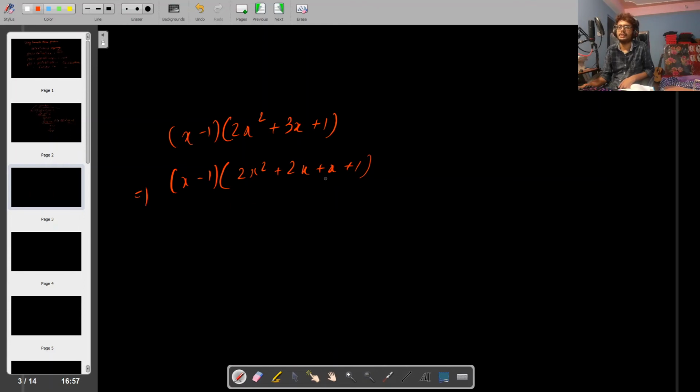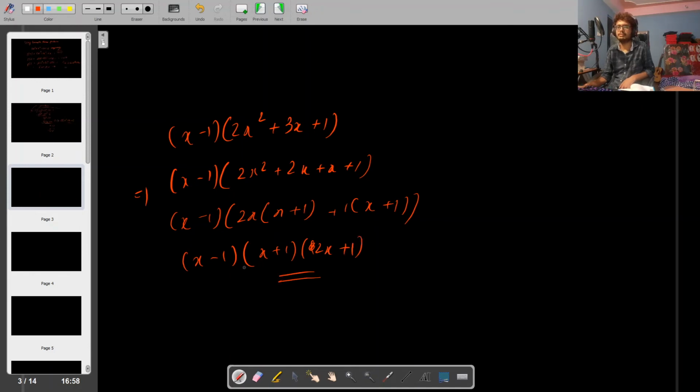When you add you get 3, when you multiply you get 2: 2 into 1 is 2, 2 plus 1 is 3. So take 2x common, x plus 1, and 1 common, x plus 1. x plus 1 is common, so 2x plus 1 is left. So the answer is x minus 1, x plus 1, 2x plus 1.